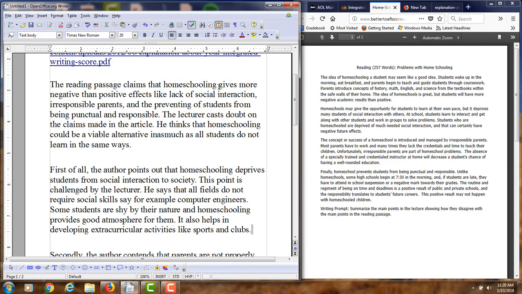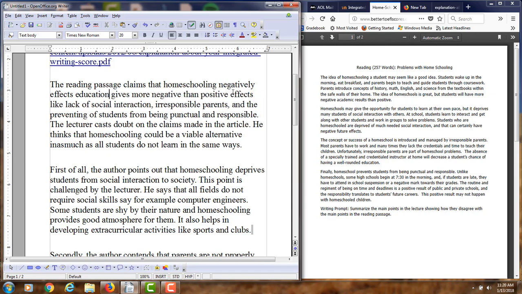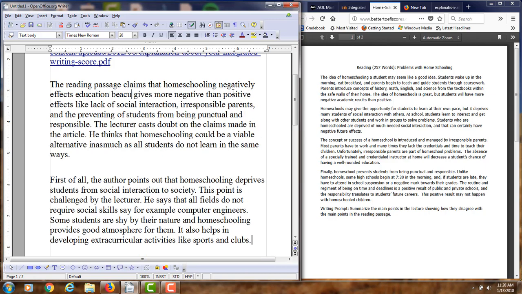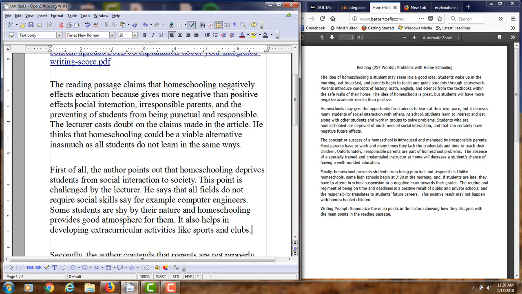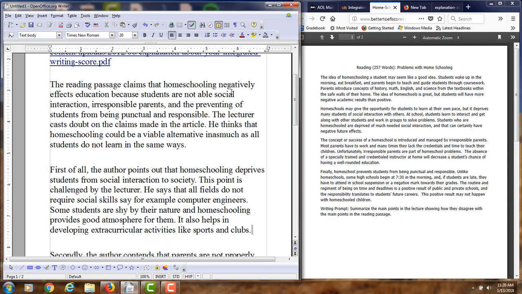So the reading passage claims that homeschooling, you might want to say negatively affects education because students are not able to get social interaction.